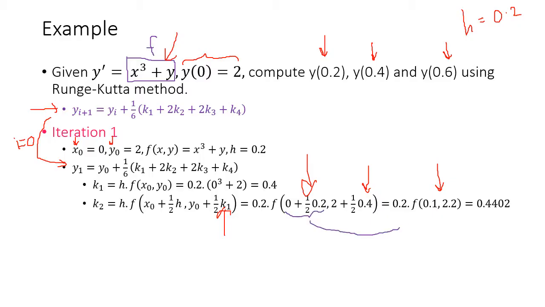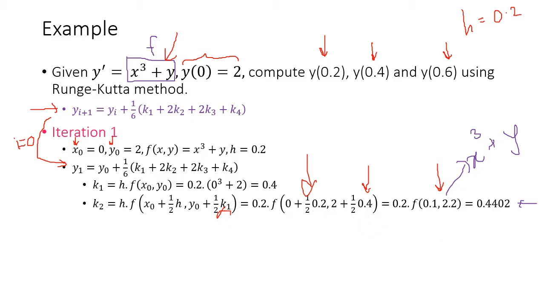So 0.1 is the evaluation of this expression, and if you evaluate that expression we'll get 2.2. Finally we calculate the value of the function, which is again x cubed plus y at 0.1 and 2.2. Finally we'll get the value of k2 as 0.4402.